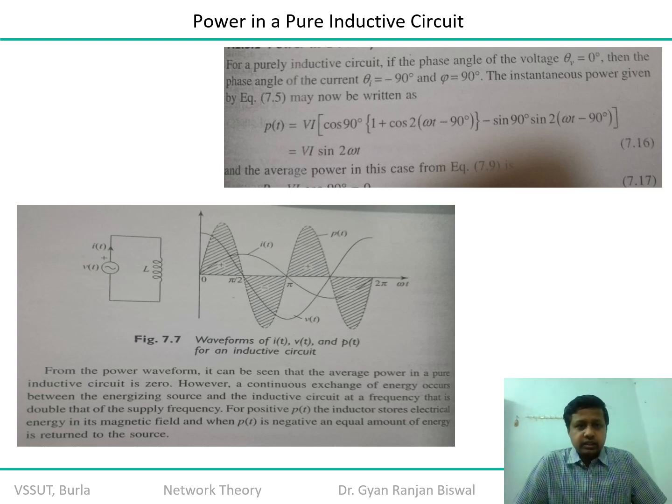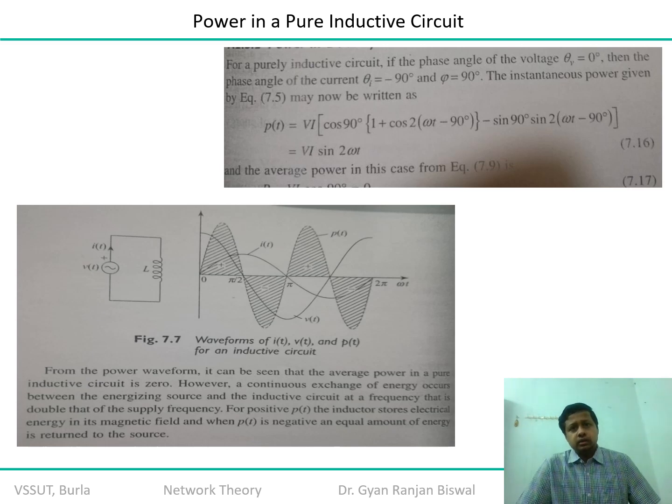If you look at the instantaneous response of the current and of the voltage, normally the current is lagging by 90 degrees compared to the phase angle of the voltage. For example, if your voltage phase angle is 0 degree, then the current phase angle will be minus 90 degrees. If the voltage phase angle at any moment is 90 degrees, then the current phase angle at that moment will be 0 degrees.